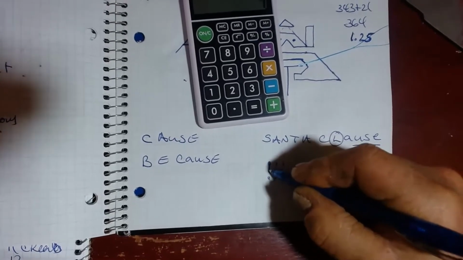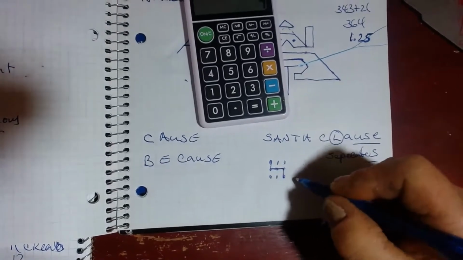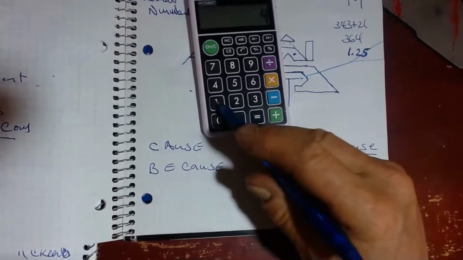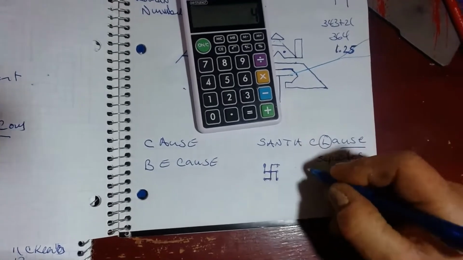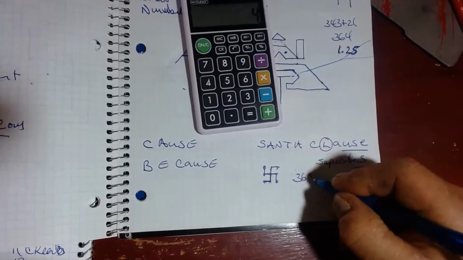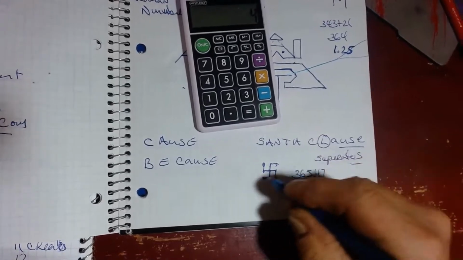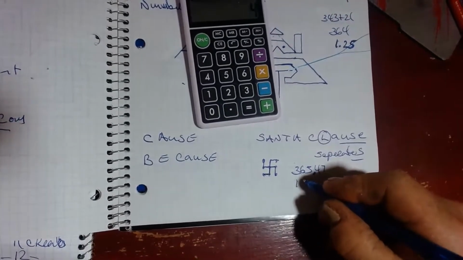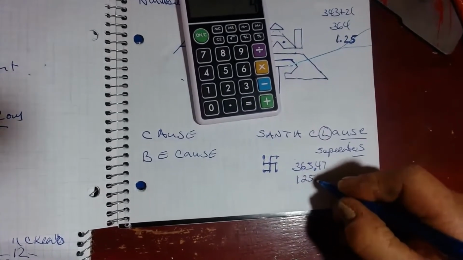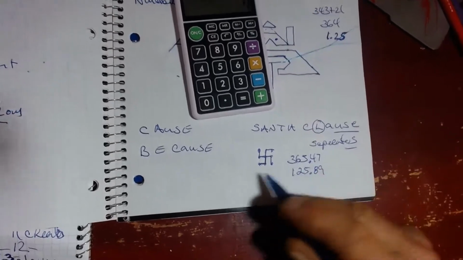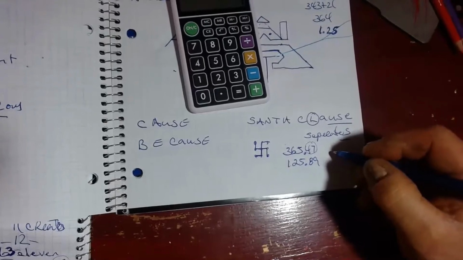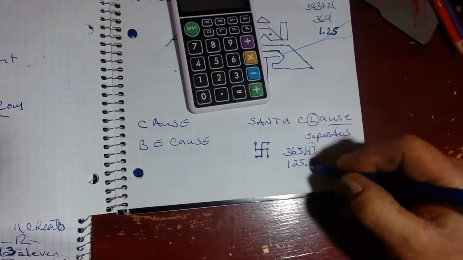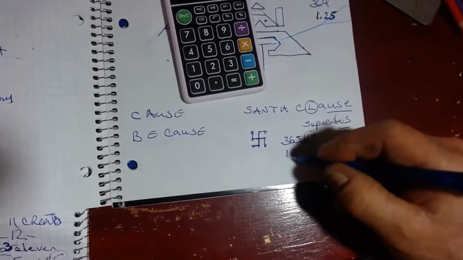And here is the design, 365.47 days, which leaves over 125.89. 365.47, and it leaves over 125.89. Those are the reverse numbers. This one is telling me the cycle of the moon, Jesus of time. This one is telling me about birth on earth, the passage.